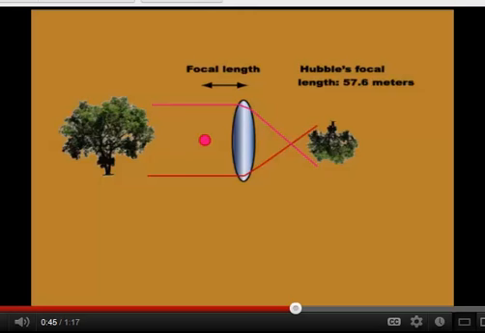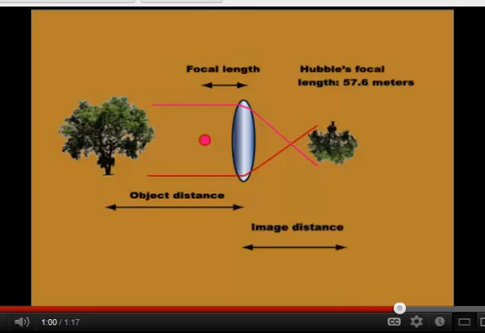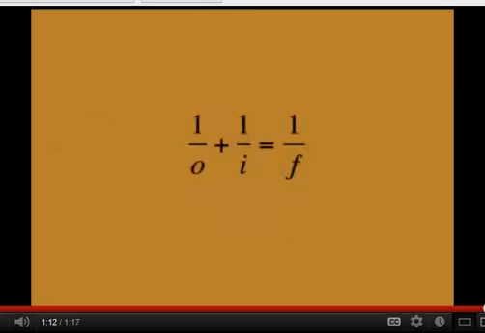The second variable is the object distance, in other words, the distance between the lens and the object you are looking at through the lens. The object distance is usually described with the letter O. The third variable is the image distance. This is where the refracted light from the lens produces an image of the object. The image distance is usually described with the letter I. This equation describes the relationship among f, O, and I.